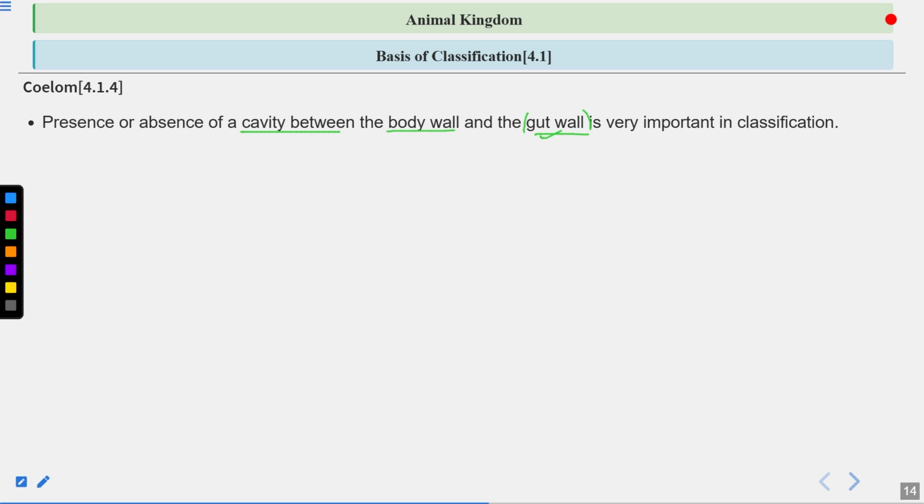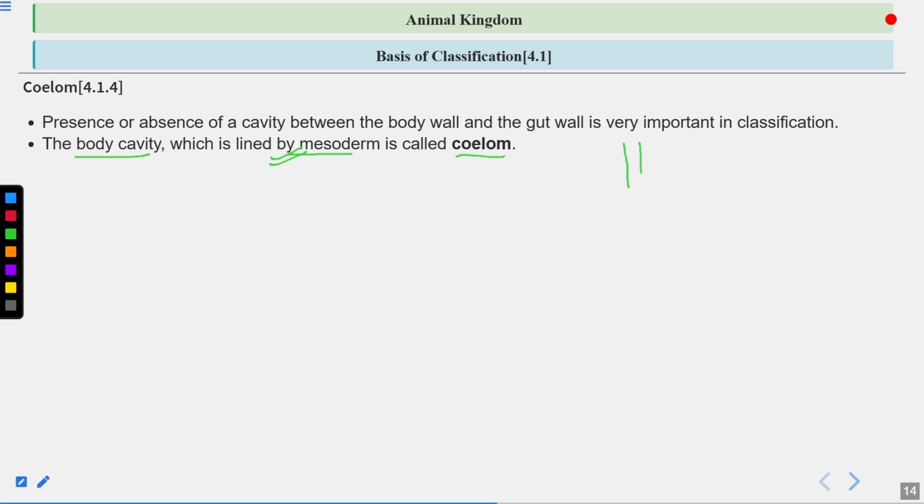Like we are having the body wall. Okay? So the body cavity which is lined by the mesoderm is called coelom. This is very, very important to understand. So here you can see, this is the body wall. And here we are having the gut.